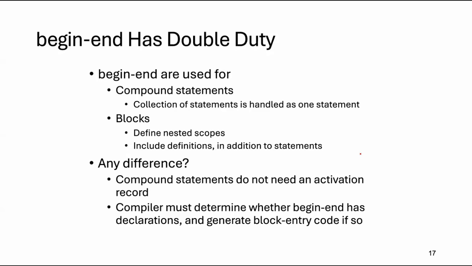So you use an activation record to keep information about the block before you move into another block. With the compound statement, you don't need an activation record, and the result is that the compiler must determine whether the begin and end are used for declarations, and so generate block entry code, or not, because the behavior is going to be different, whether it needs to generate an activation record or it doesn't.